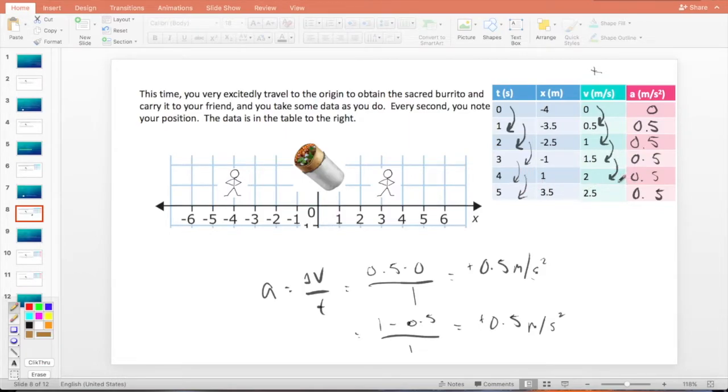From 4 to 5 seconds, your velocity increased by 0.5 meters per second. Every 1 second, your velocity increased by 0.5 meters per second. That's why acceleration has that funky little squared sign, meters per second squared.